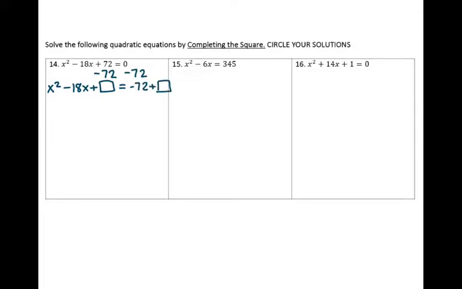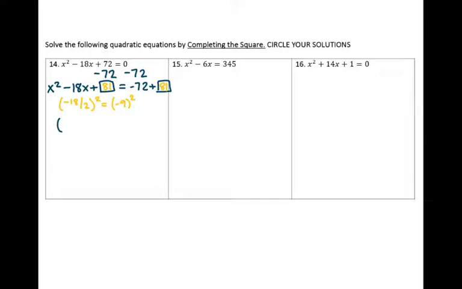In order to figure out what goes in the square, I'm going to take half of my b and square it. It's always half of b. So half of negative 18 is negative 9. Negative 9 squared is a positive 81. Now on my left-hand side, I can factor this.